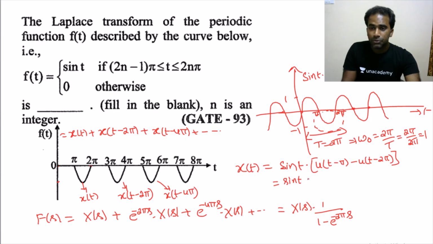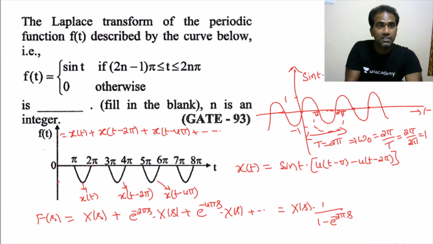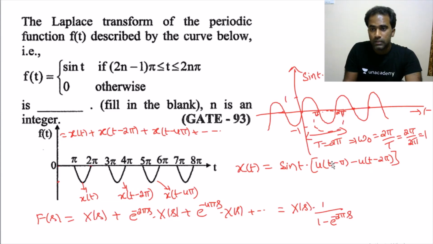So sine t into u of t Laplace transform we know. Yes, we know the Laplace transform of sine t into u of t. But it is looking like sine t into u of t minus pi. Let me take a new slide. It will not be sufficient, it will become clumsy. Right, so let me take this x of t, the next slide as well.